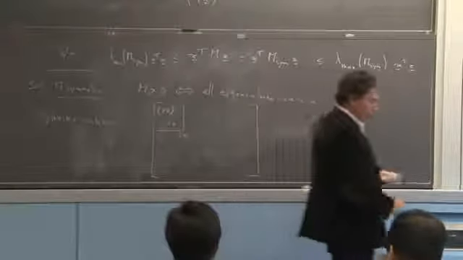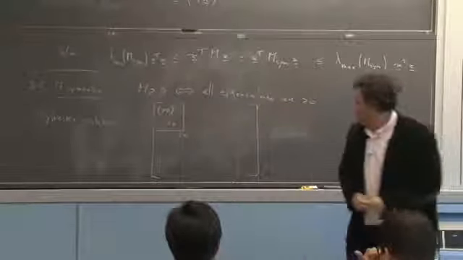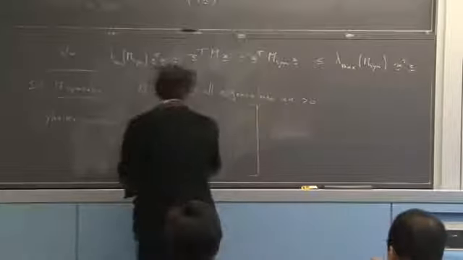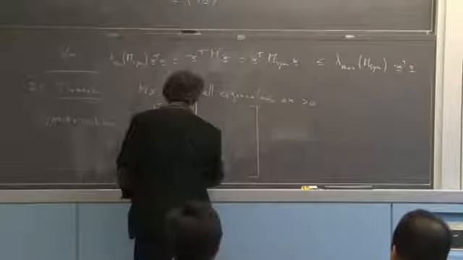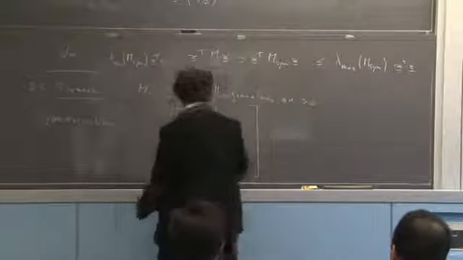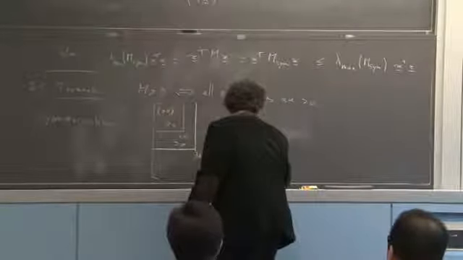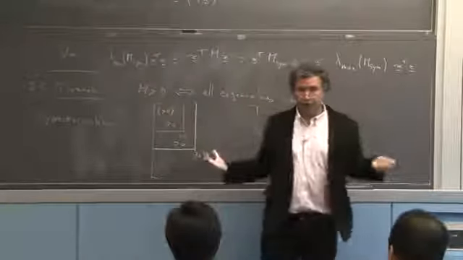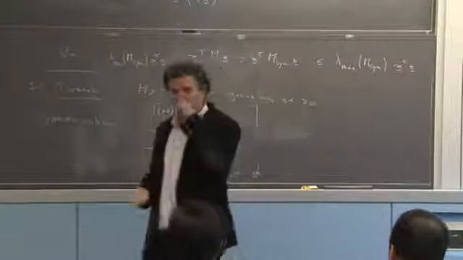Then you look at the 3 by 3 determinant, and that determinant has to be positive, okay, all the way to the n by n determinant of the whole matrix. All right?